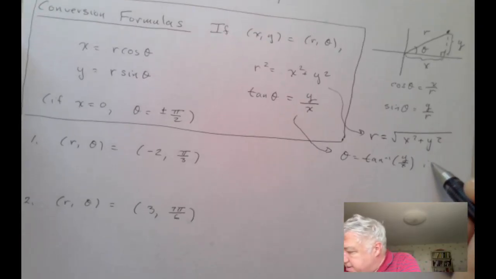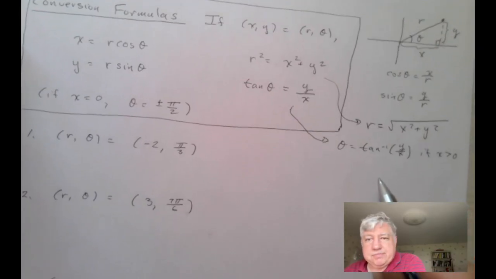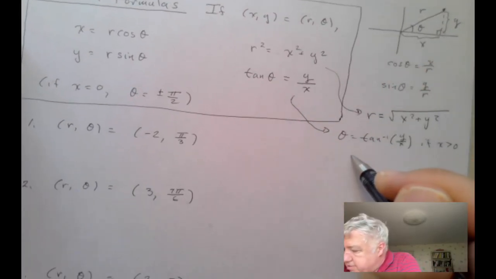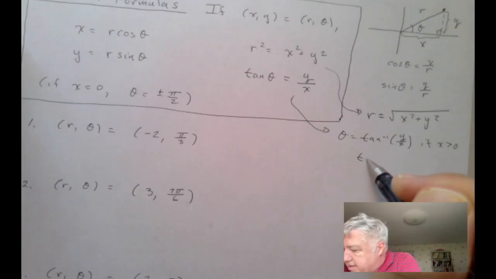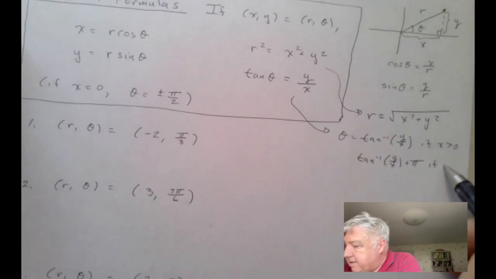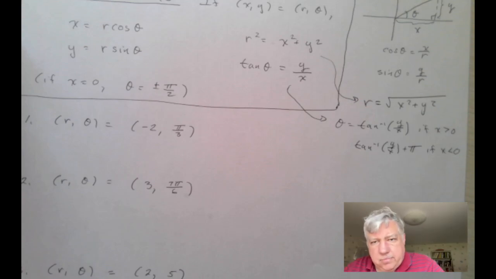If x is not positive, then we have to add pi, which puts us in the other quadrant. So theta would be the inverse tangent of y over x plus pi if x is negative. Obviously, you could replace pi with any multiple of pi. That doesn't change the tangent.